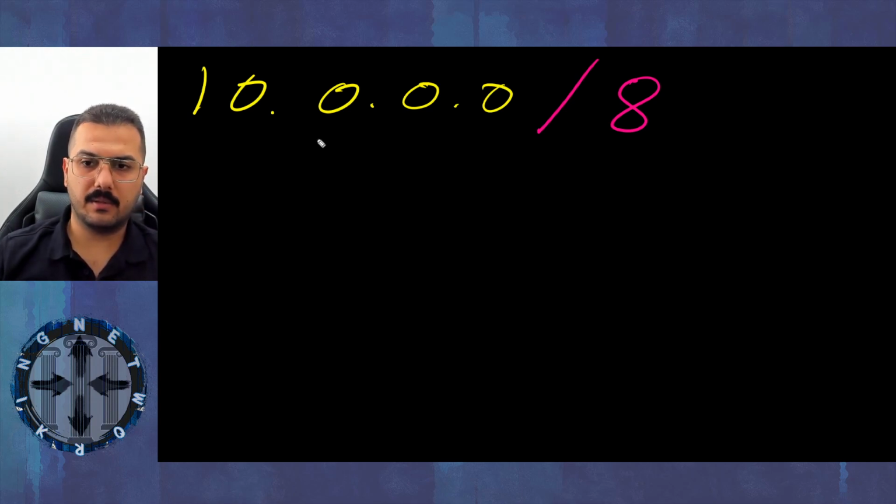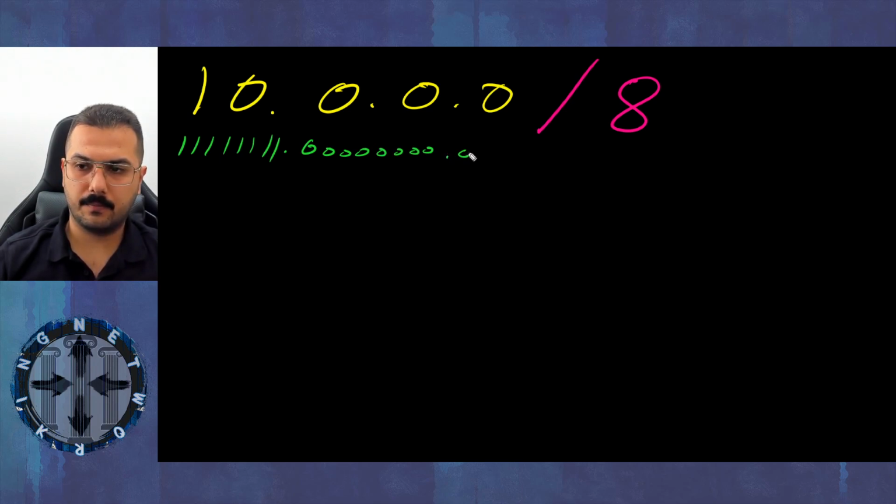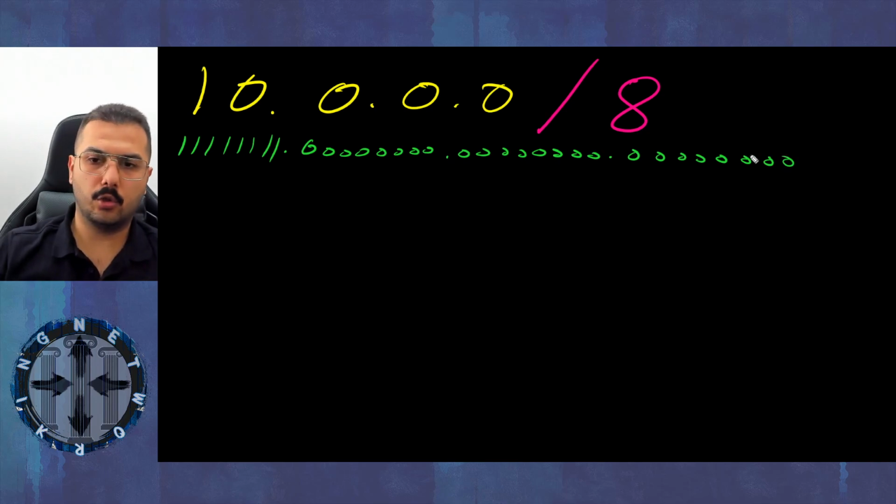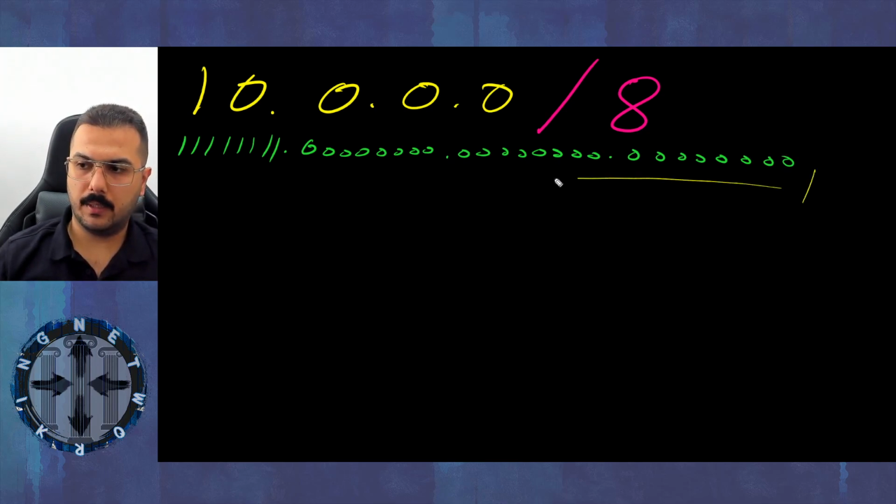This will be represented as 1, 2, 3, 4, 5, 6, 7, 8, 9, 10, 11, 12, 13, 14, 15, 16, 24, 32. If you remember, you remember. It will be the network portion, the host portion, all the way.